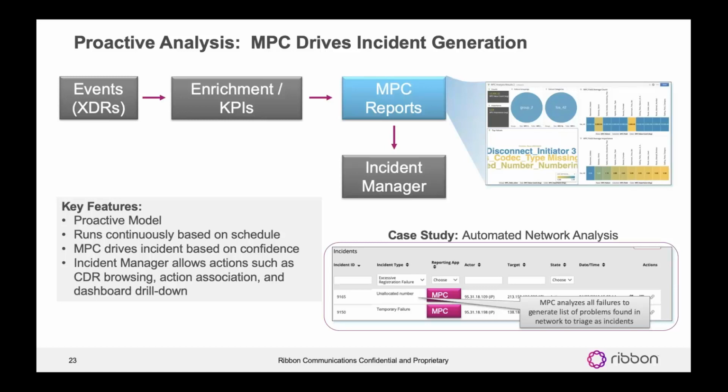But we can take all of those cause codes as input and analyze every single one of them as a proactive analysis. If they meet certain criteria in terms of confidence levels and performance of the modeling, then we can expose those as new incidents that we're seeing in the network, and say, hey, go look at this unallocated number and see what's going on there.